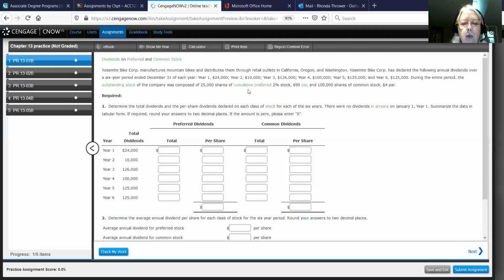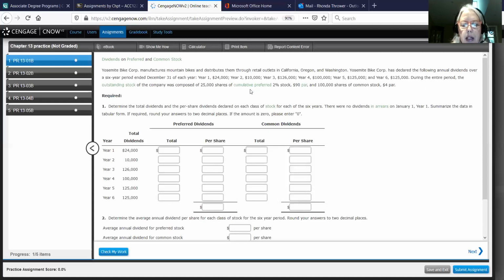Cumulative preferred means that we will pay our preferred stockholders any dividends that are owed to them before we pay our common stockholders. You'll often hear the term dividends in arrears.